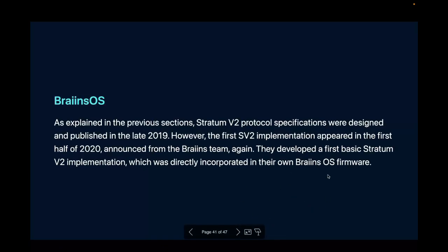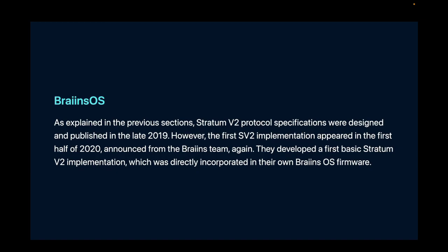So now let's look into the current implementations of Stratum V2. Like we said, Stratum V2 was proposed by Braiins engineers. So the first implementation came from the Braiins team.